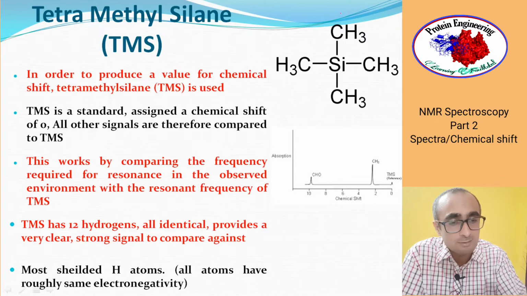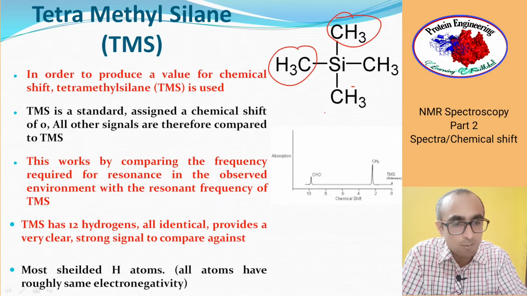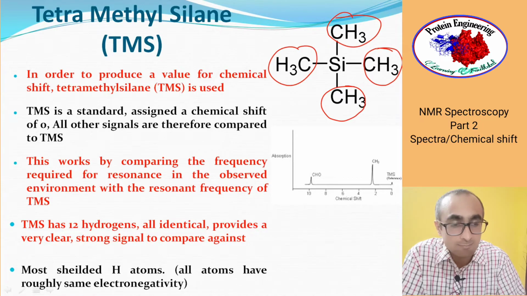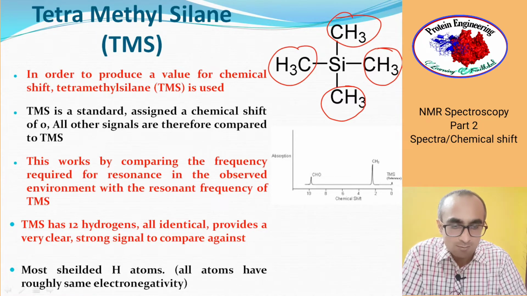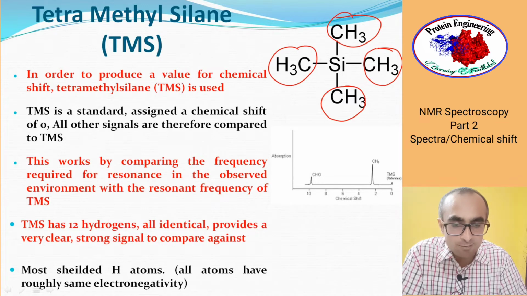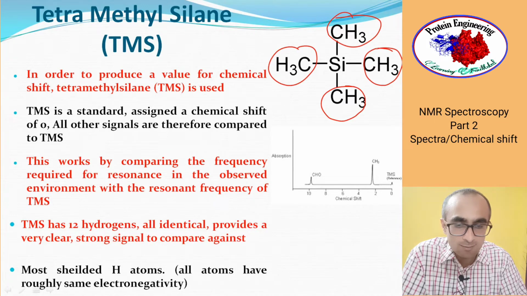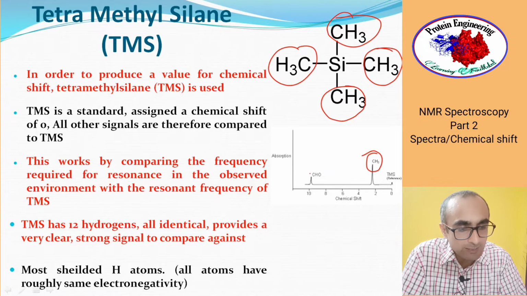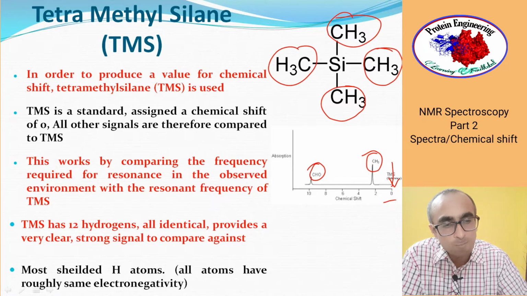The structure is that you have 4 methyl groups surrounding a single silicon atom. This works by comparing the frequency required for resonance in the observed environment with the resonant frequency of the TMS. So all the peaks are with respect to the positioning of TMS. TMS is kept at 0 ppm here, and it's a very good compound. Why is it used as a reference compound?